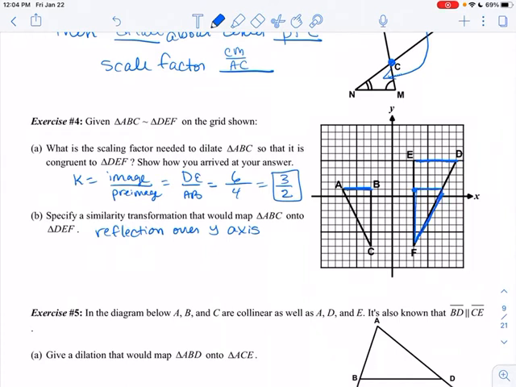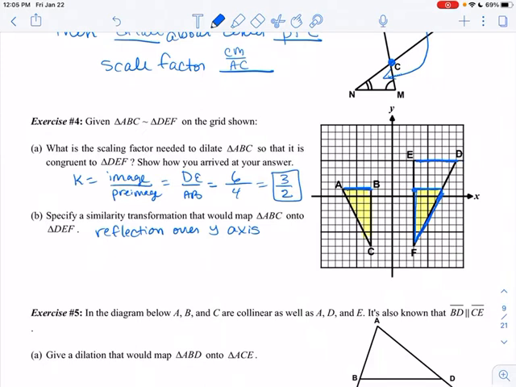Okay, and then after I reflect it, just so you could see, this was my original, I reflected, so it's now sitting here. And then after I reflect it over the y-axis, I'm going to have to translate it up 4.